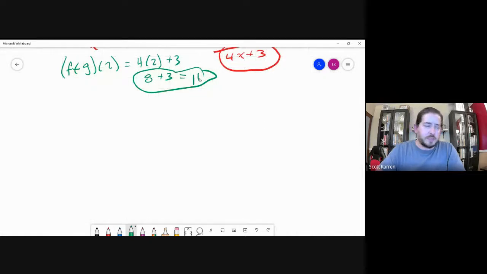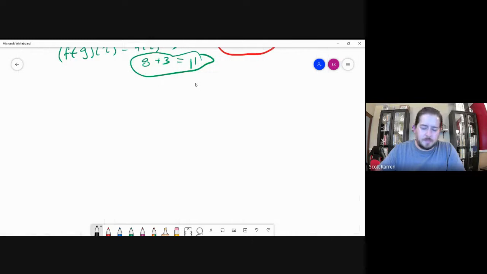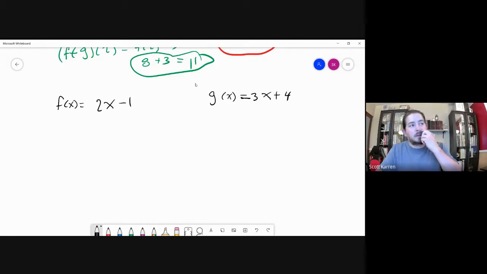Let's use f of x equals 2x minus 1, and g of x equals 3x plus 4. Okay. So I can do the same thing with subtraction.